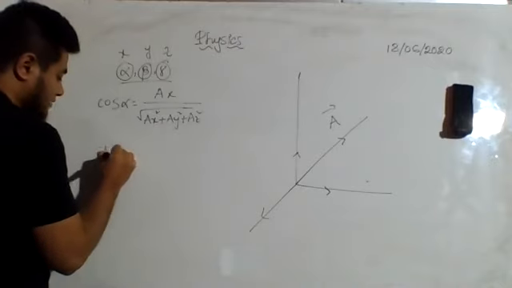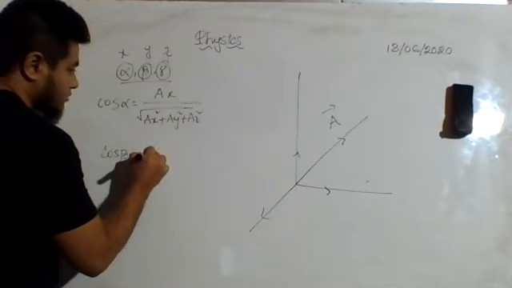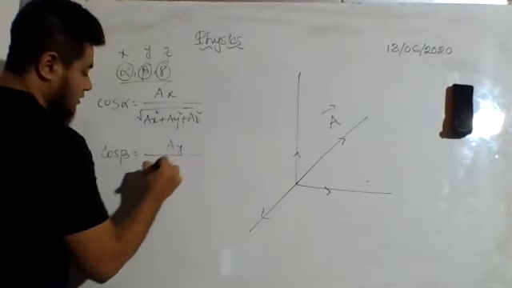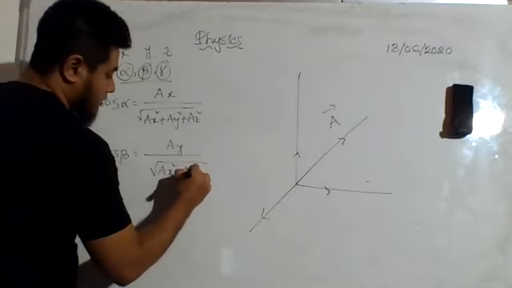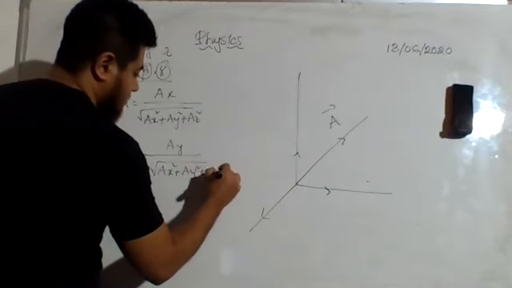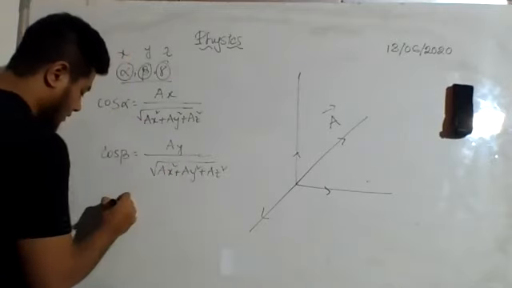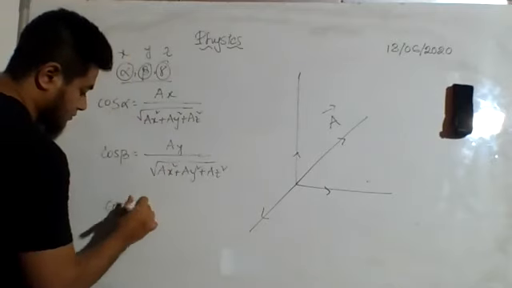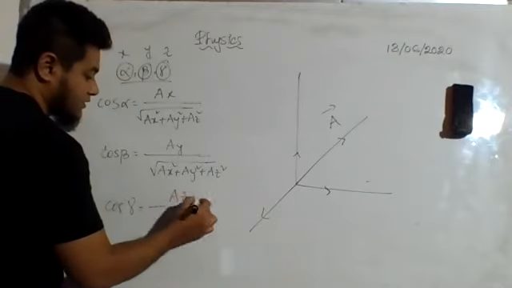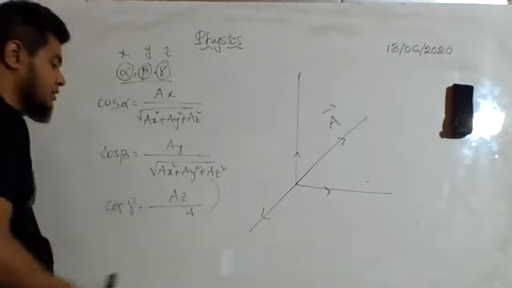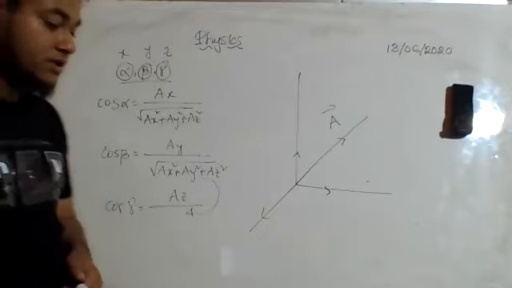Similarly, we can write cos beta is equal to ay divided by root over ax square plus ay square plus az square. And cos gamma, you understand what cos gamma will be, right? It will be az divided by the same thing written here. So these are the direction cosines.